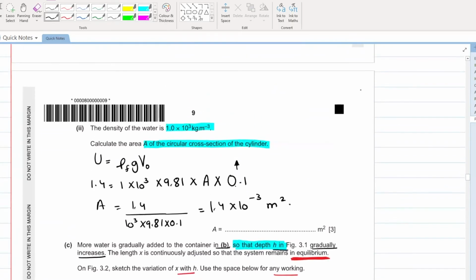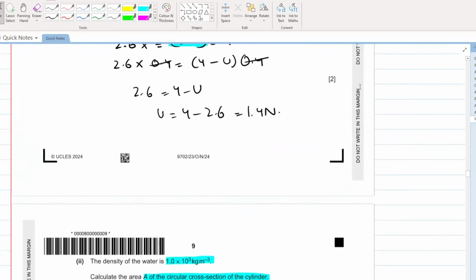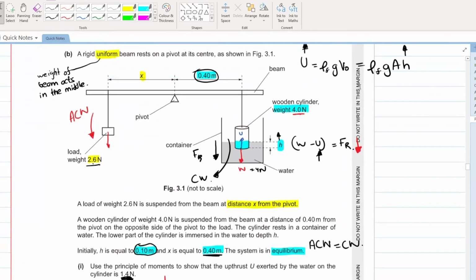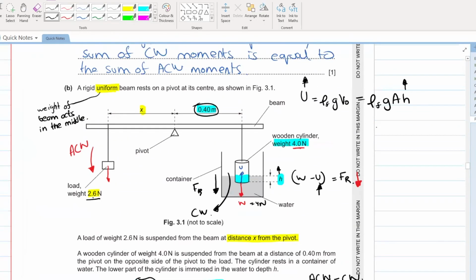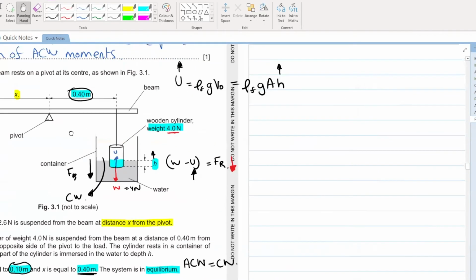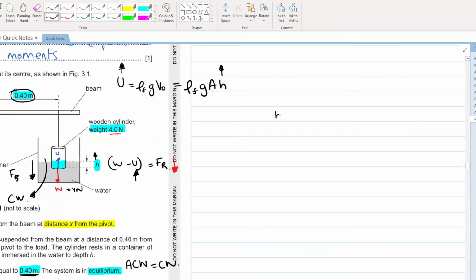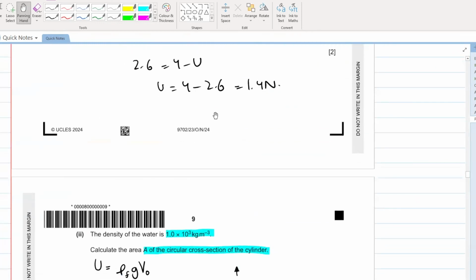Let's see what the upthrust will be now. If h is 0.2, what will be the upthrust now? Very easy to calculate. If h is 0.2, your upthrust will be equal to what? Upthrust is equal to 1000 into g, that is 9.81, into area. What was the area coming out to be?